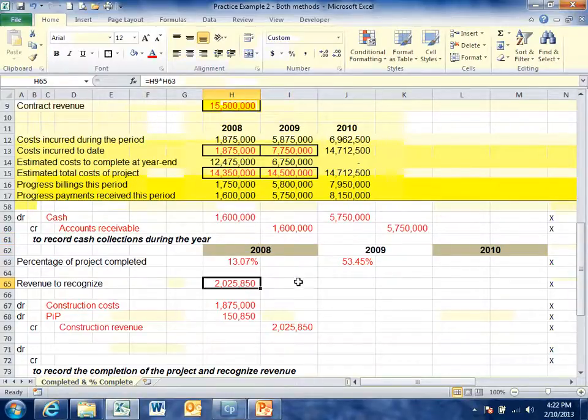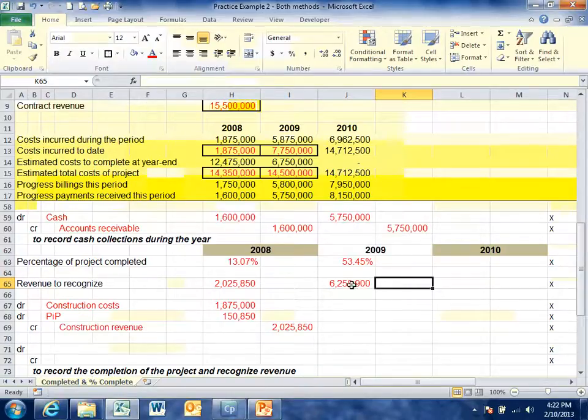So I'm going to take 53.45%, multiply it by $15.5 million, and I'm going to subtract the $2 million in change that I recognized in revenue back in 2008, and it will leave me with a revenue recognition figure of $6,258,900 for 2009.